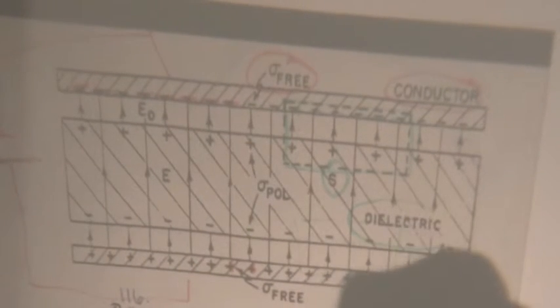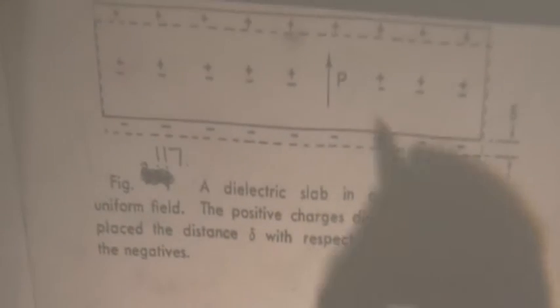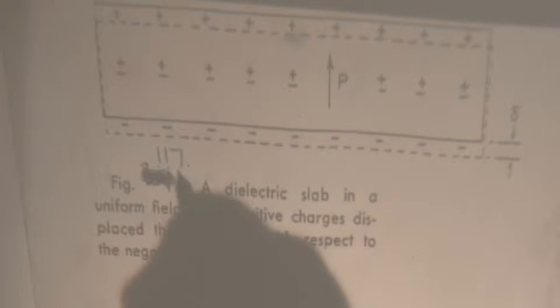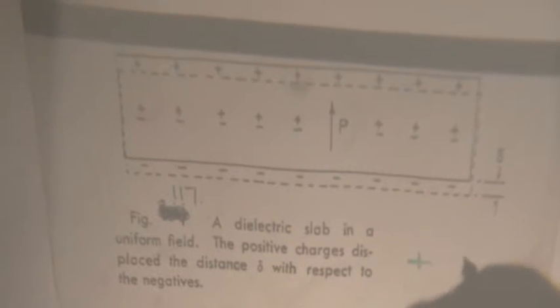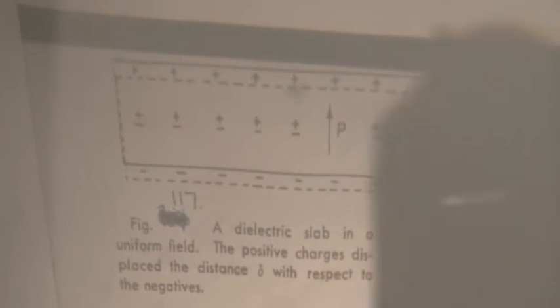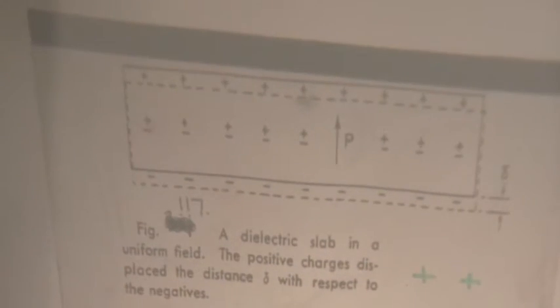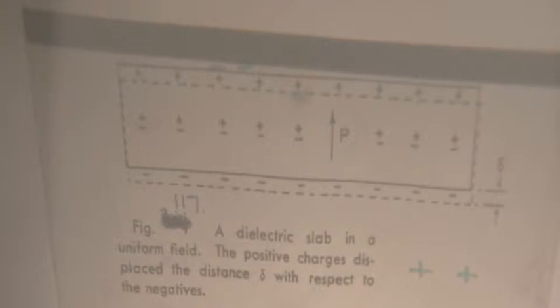So here's the dielectric slab, and the dielectric slab is now pictured in figure 117. Well, throughout, remember, we've got a whacking great capacitor with loads of positive charges here and loads of negative charges on the upper plate of the capacitor. And we put this slab in.